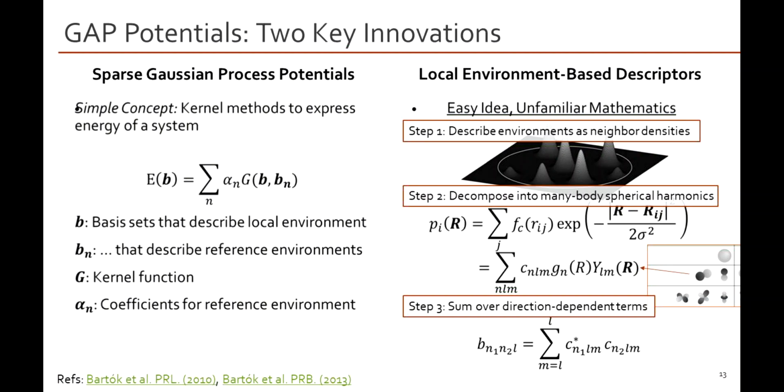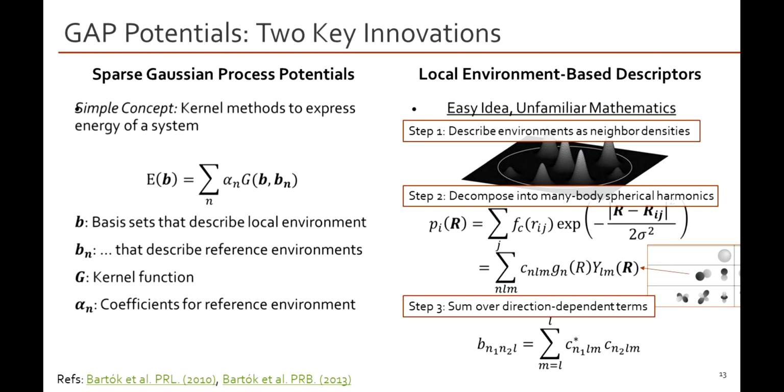Your L of 1 is your p orbitals, L of 2 is your d, and it goes on from there. So what I do is I create a bunch of these basis functions and I fit the parameters that make them recreate this little nearest neighbor environment function as closely as possible.